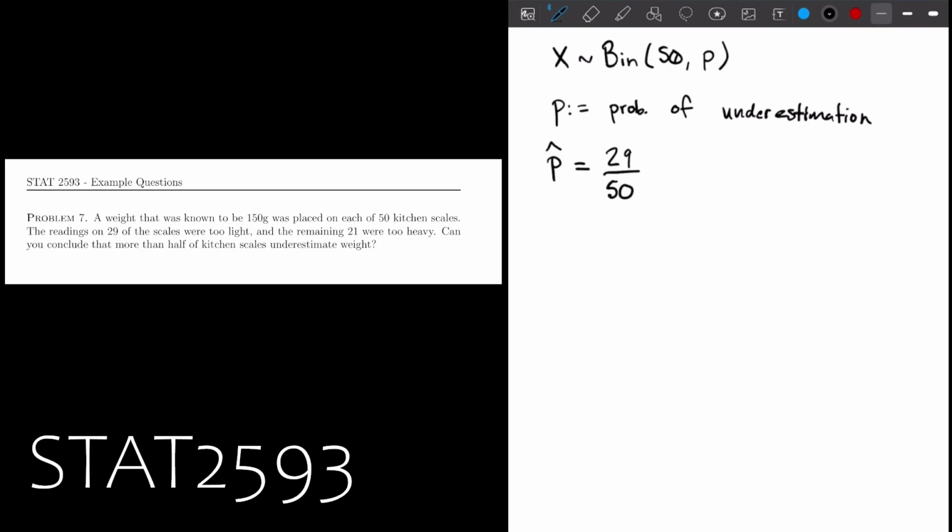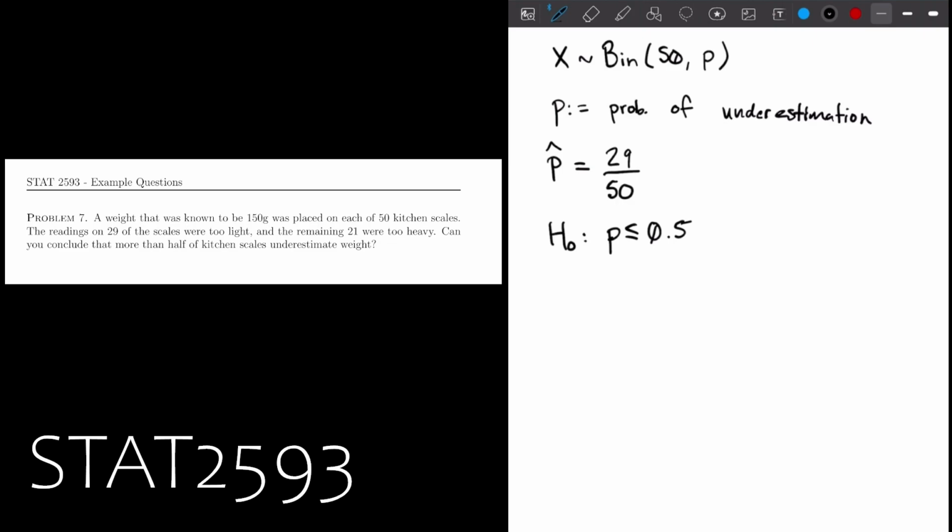Now, if we're actually thinking about what is the null hypothesis, well, the null hypothesis is going to be that the true proportion p is less than or equal to 0.5. And why is that? Well, we want to know, do more than half of the scales underestimate the weight, right?